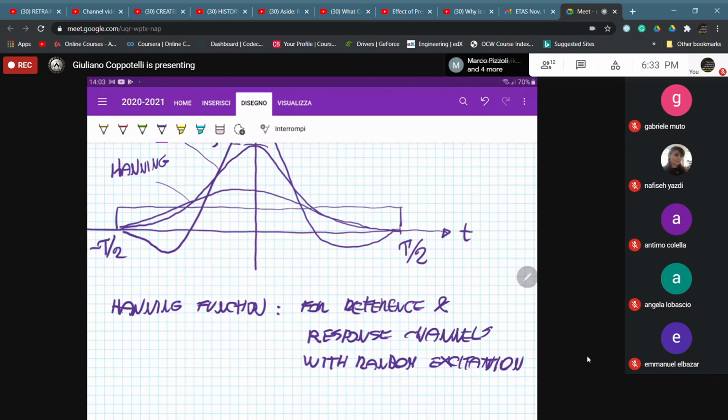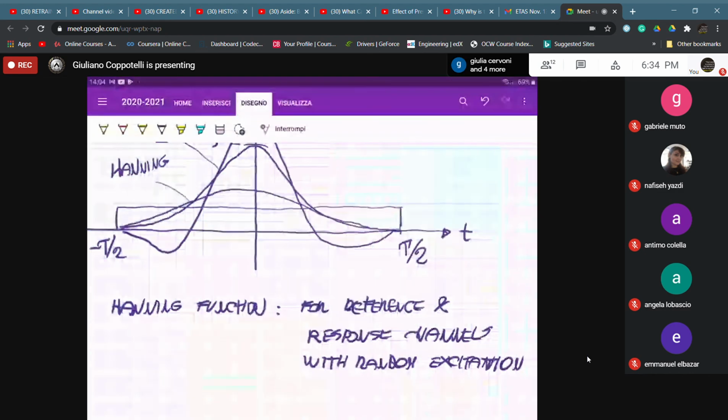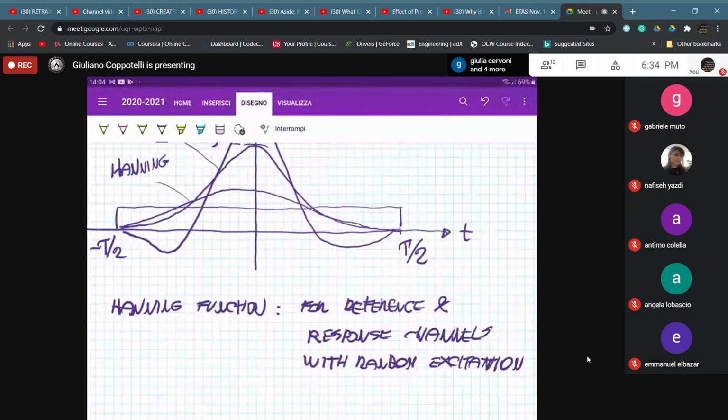We will see this random and hammer excitation, how they work, so don't worry about that. For now, just consider that there could be two different types of excitation, by hammer and by random excitation.